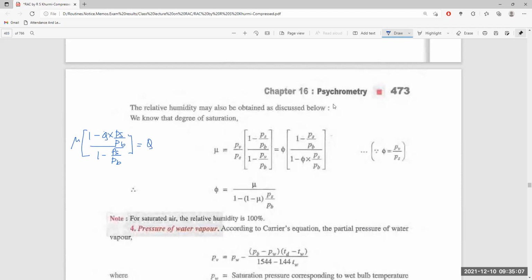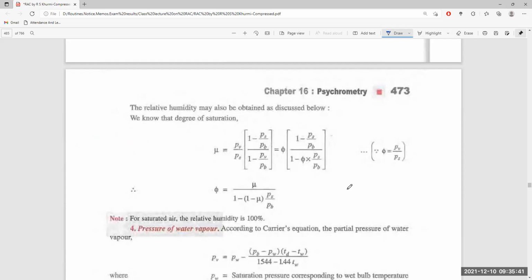If you simplify it further, you have to simplify and correct it properly. So mu phi is equal to 1 minus mu, 1 minus mu Ps by Pv. For saturated air, the relative humidity is 100%.